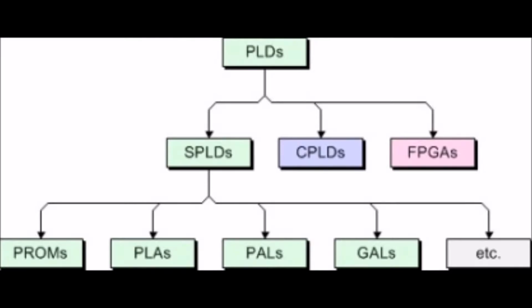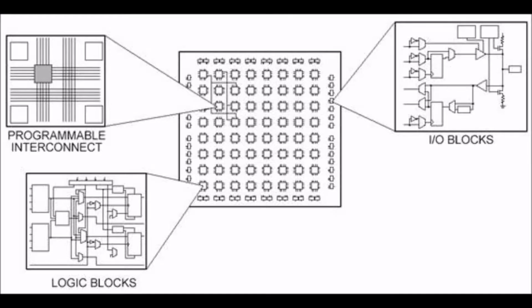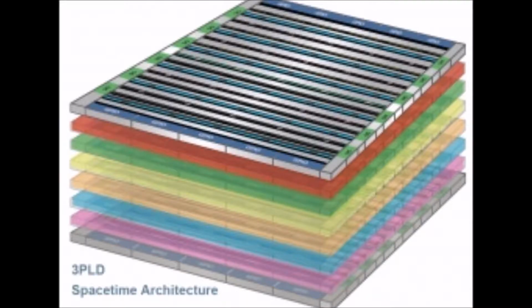We have the high capacity PLDs, which are divided depending on their architecture into complex programmable logic devices, the CPLDs, and the field programmable gate arrays, FPGAs. All these are categorized in the table that we have at the beginning.